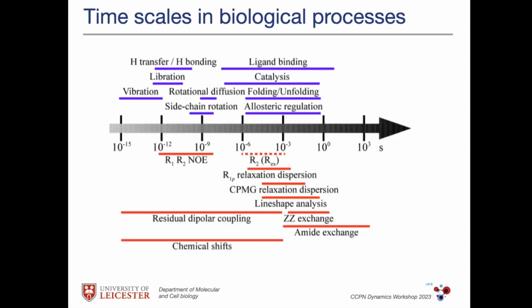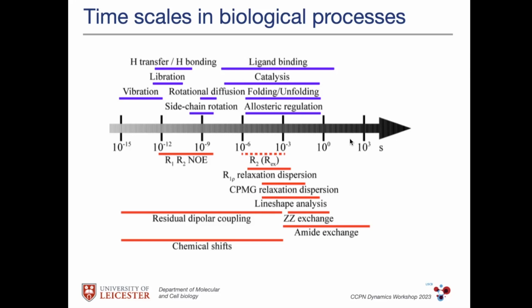Now, you probably have seen in some form or another this particular figure, which gives you here on the top the mechanisms at play in biomolecules, all the way from vibrations, which are not so interesting, but then some more local motions, rotations, some side chains that move about, all the way up to much slower processes which deal with folding and allostery and catalysis and ligand binding.